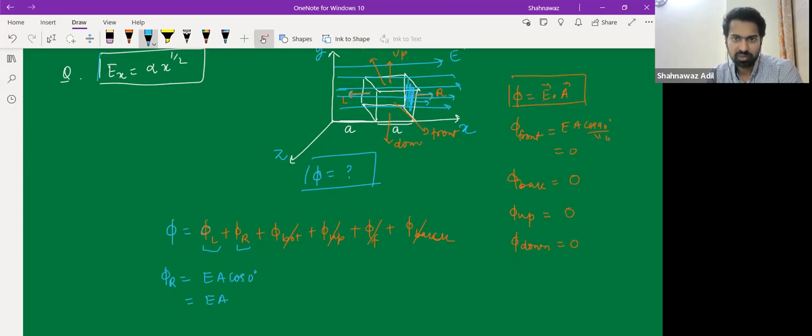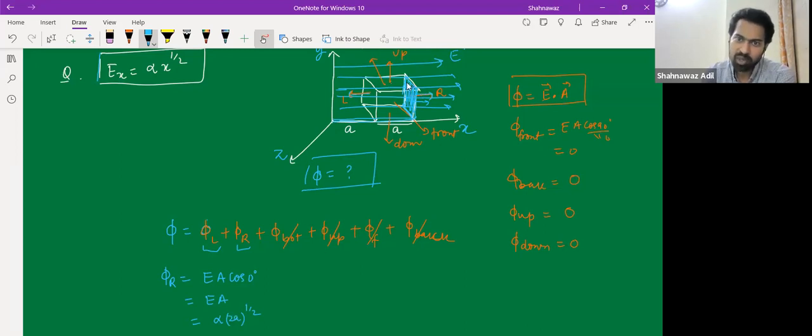Understood? And you guys know that E varies as alpha x to the power half. So what is the value of x at this point? So for this face, this is a, this is a. So how much? 2a, yes, 2a.